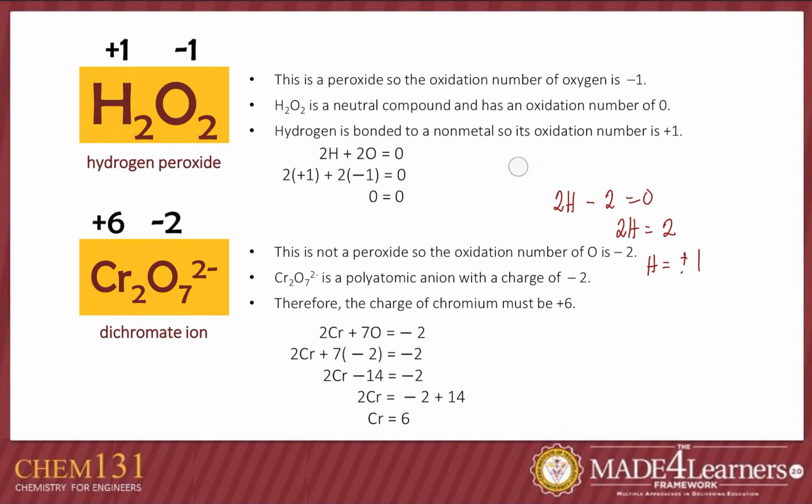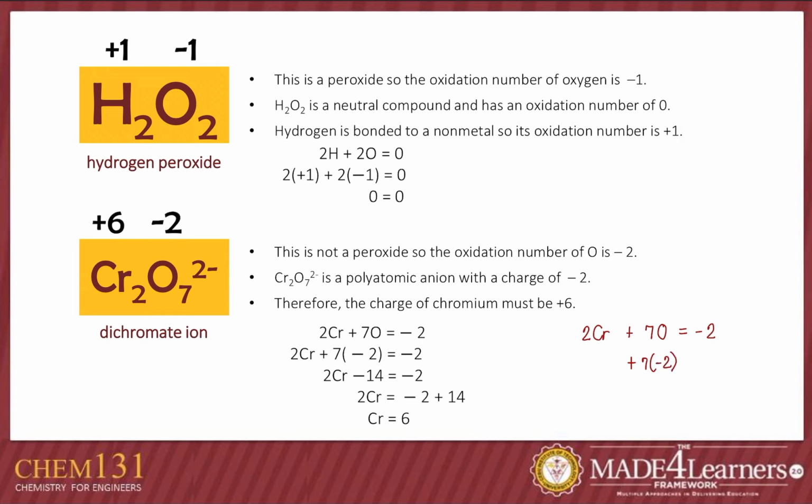So, next, we have dichromate nga ion. So, this time, it's a polyatomic ion. So, there are 2 chromium atoms plus 7 oxygen atoms. And it's a polyatomic ion whose charge is negative 2. So, again, this is not a peroxide. So, automatic nga ang atong oxygen has an oxidation number of negative 2.